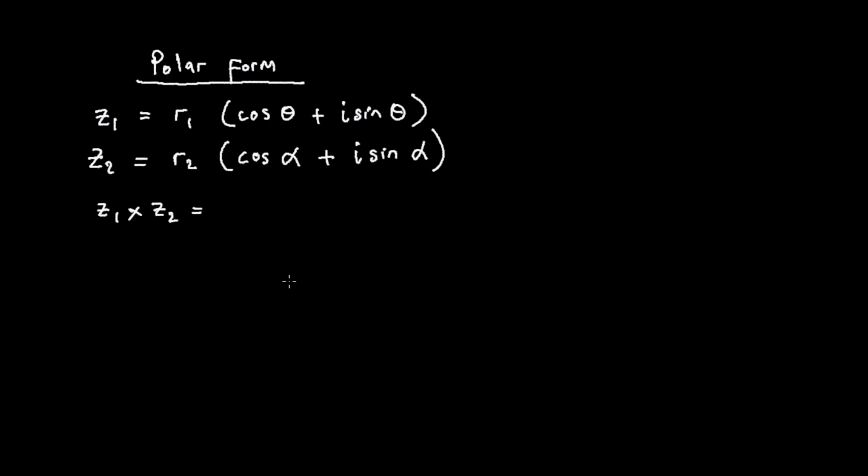firstly, we are going to be multiplying r1 times r2, like that. Then we put a bracket. Then we combine the cos parts, so it becomes cos of theta plus alpha, and then plus we do the same for the sine, i sine of theta plus alpha.